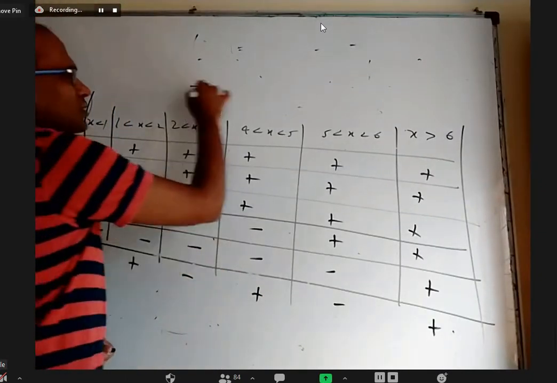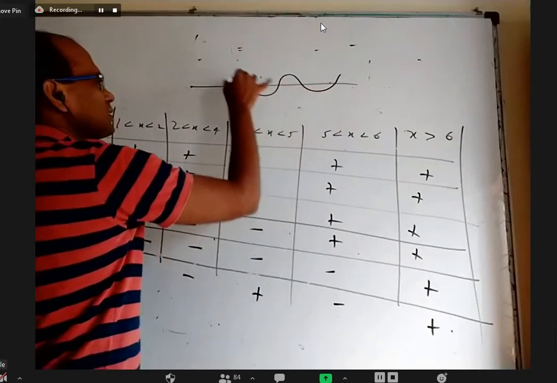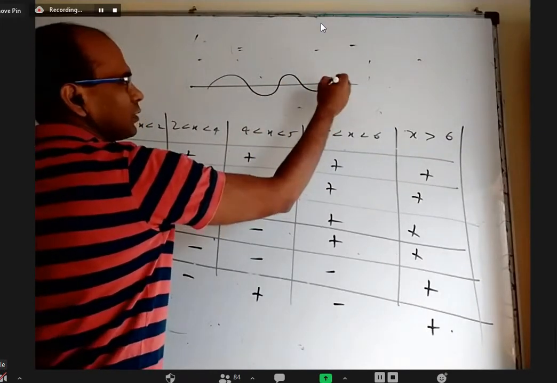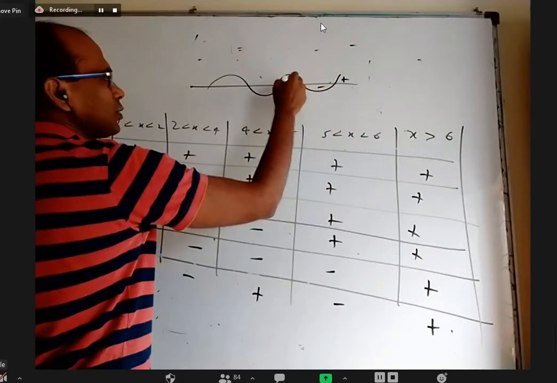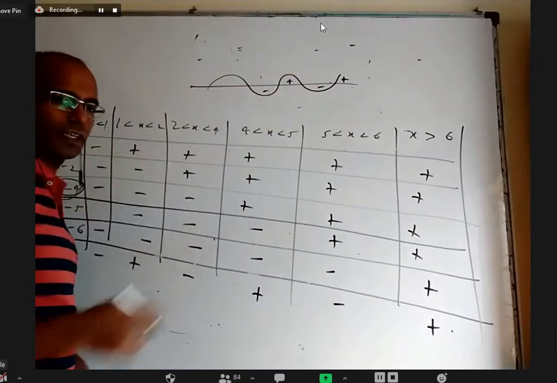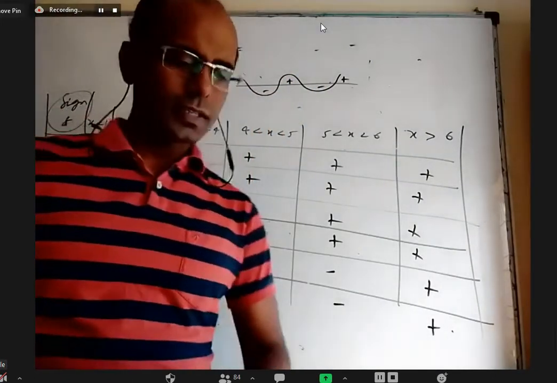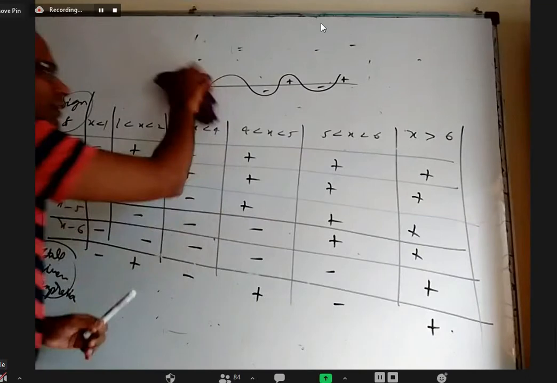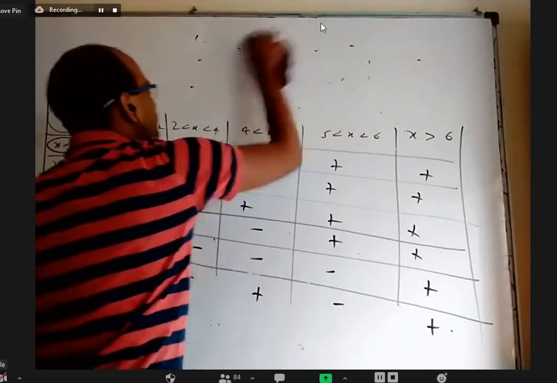Some people just draw a figure like this and say negative here, positive here, negative here. It is like a wavy curve, so they call it the wavy curve method. Some other name, we don't care about all that. It is just a method.